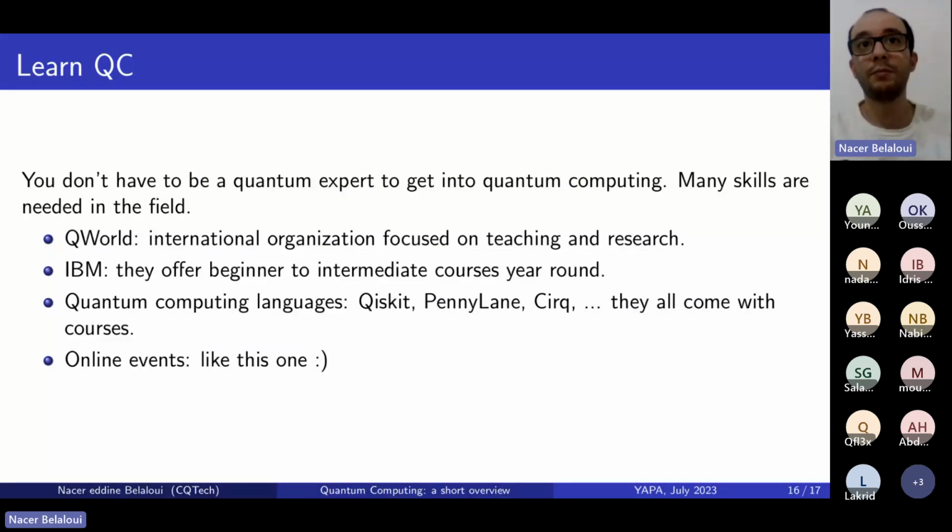They also offer beginner to intermediate courses all year round. These days, actually this week or the week before, there is the Qiskit Quantum Summer School, where you learn the basics of quantum computing and then you go to some intermediate level.